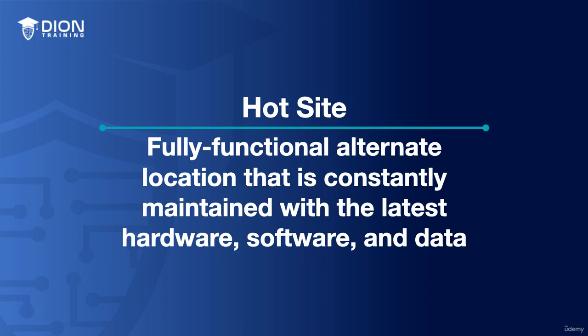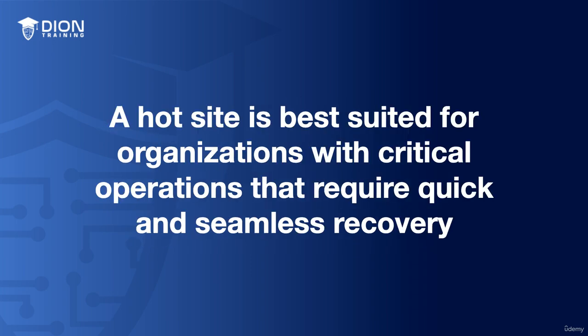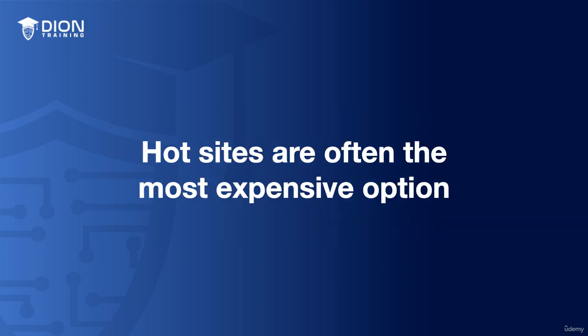In the event of a disaster, users can immediately resume operations from the hot site without any downtime. This type of disaster recovery solution is best suited for organizations with critical operations that require a quick and seamless recovery. However, hot sites are often the most expensive option and require constant upkeep to ensure that they remain ready for use.